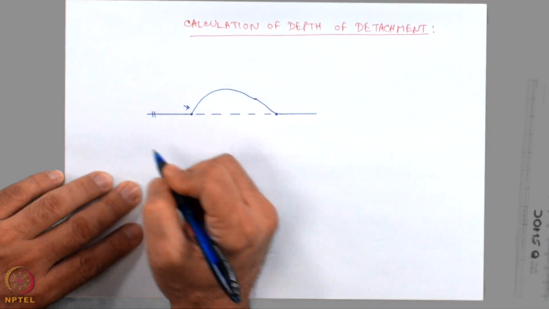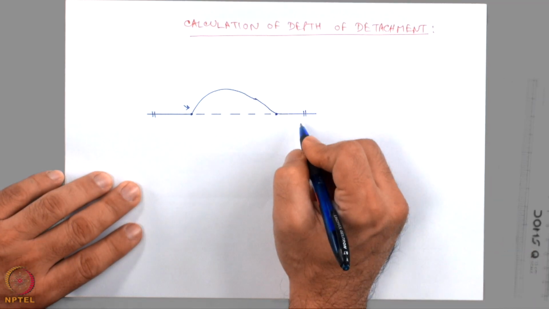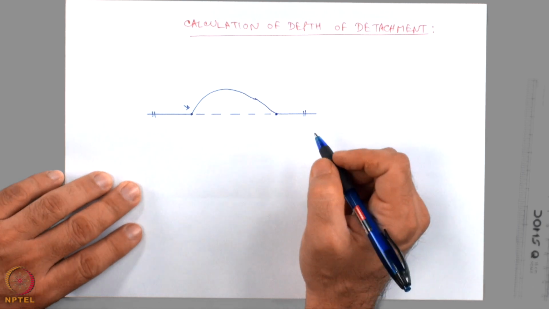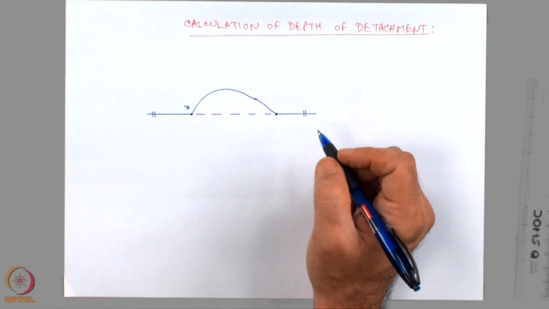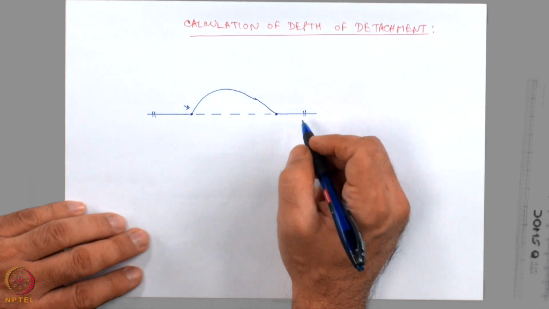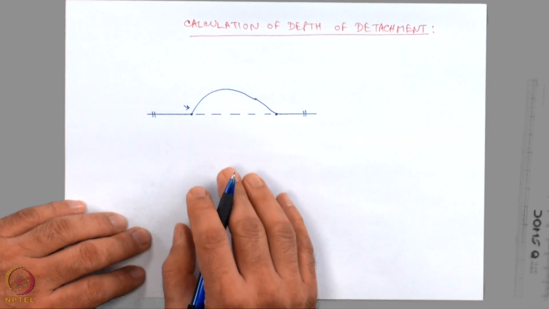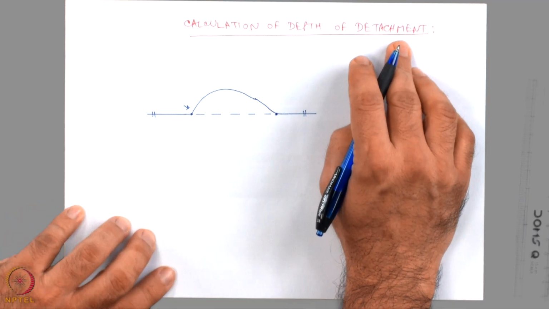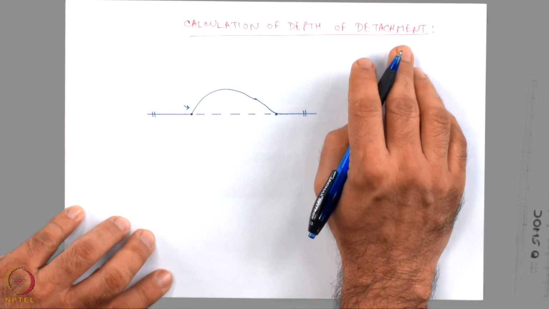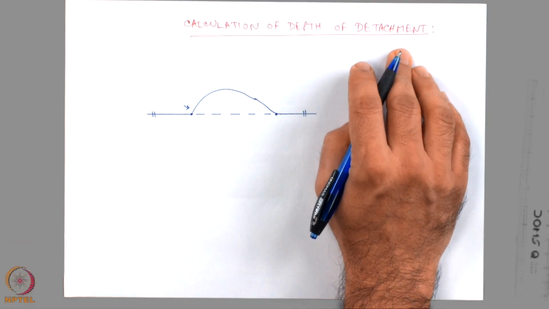This portion is the undeformed layer and this portion is also the undeformed layer, therefore straight and horizontal. We want to find out the depth of detachment, considering that there is indeed a detachment present at depth. If it is not present, then we cannot run this process. We need to know by some other way that there is indeed a detachment present.